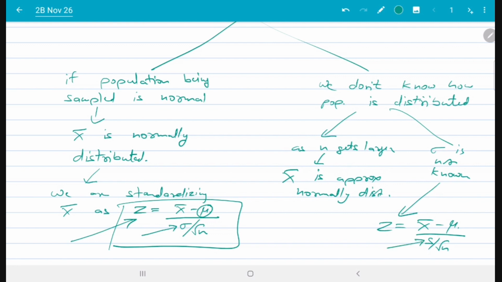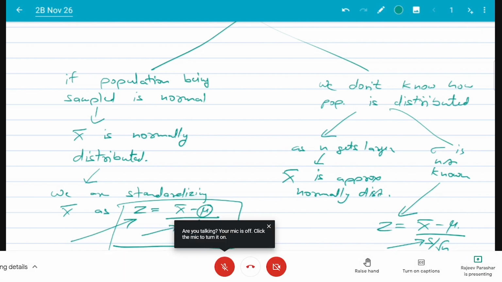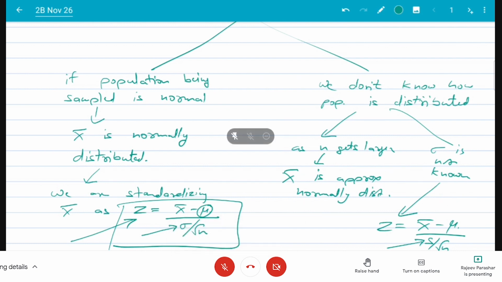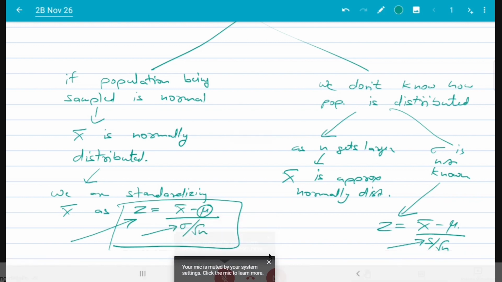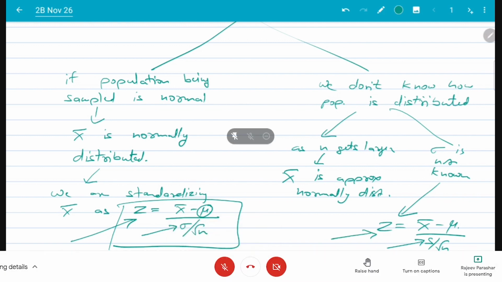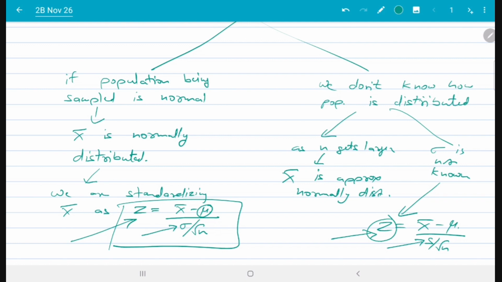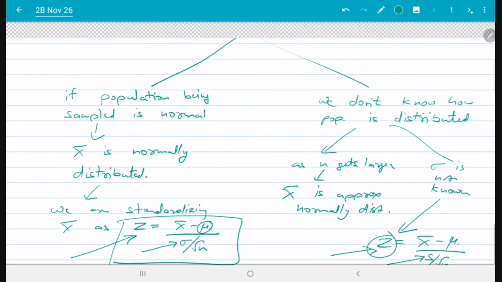For a variable to be transformed into a standard normal variable, we have to subtract the mean and divide it by its standard deviation. If the standard deviation is again being estimated, then this Z has another element of approximation. Now we have two elements of approximation.